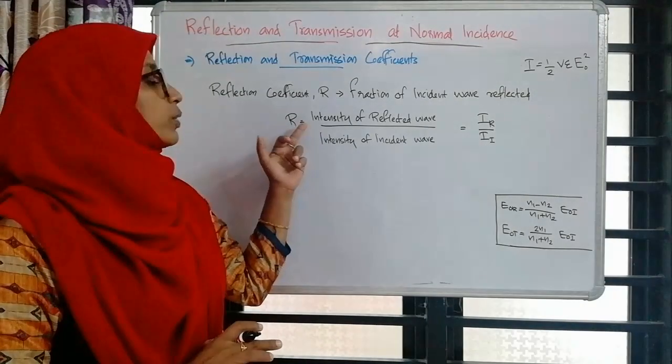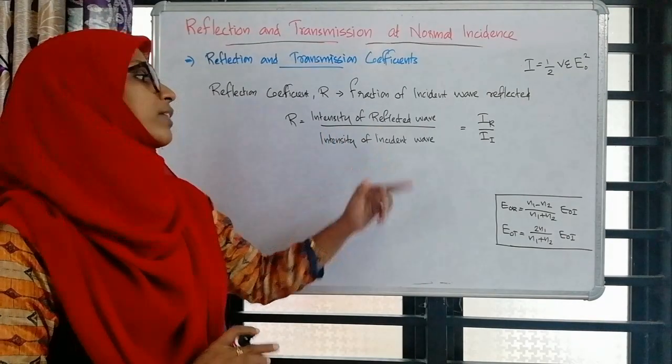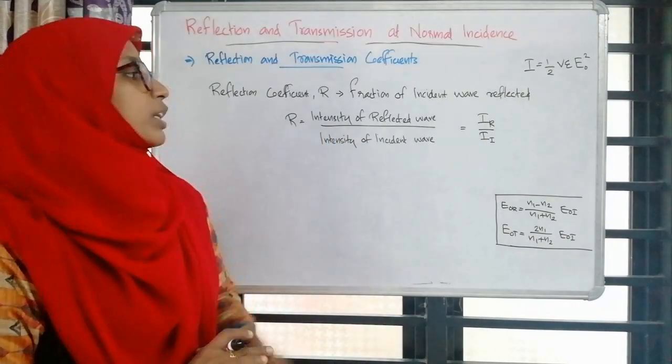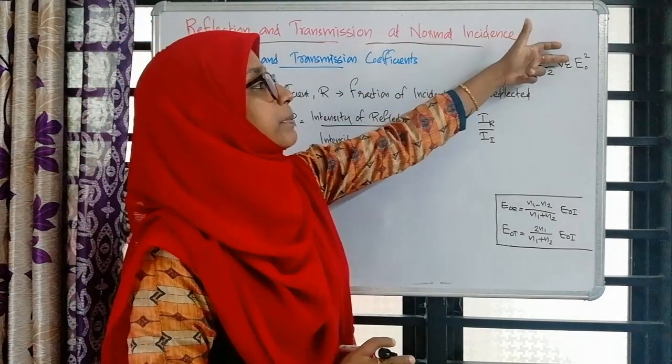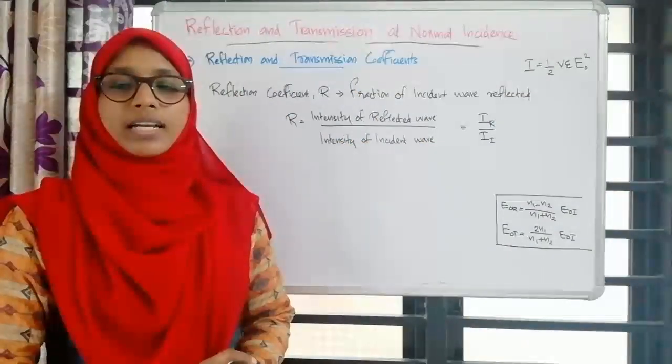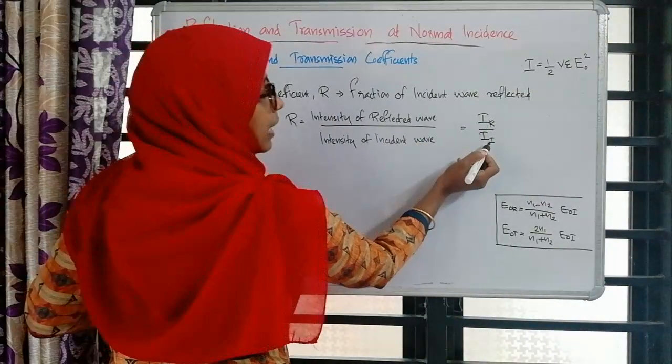R is equal to the ratio of the intensity of the reflected wave to the intensity of the incident wave. As we know from the previous section, the intensity of the wave is represented as 1/2 V epsilon E0 square. So R is equal to IR by II.